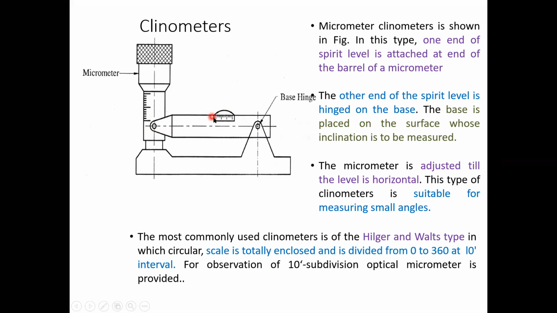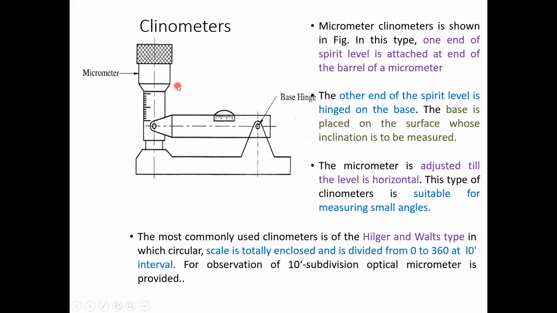So it can rotate along with the movement of the micrometer, by operating the ratchet or the thimble. The barrel or spindle can move up and down, and the rotating member also rotates. The flat base of the clinometer is placed on the work part to be tested, and automatically there is a variation in the bubble position.